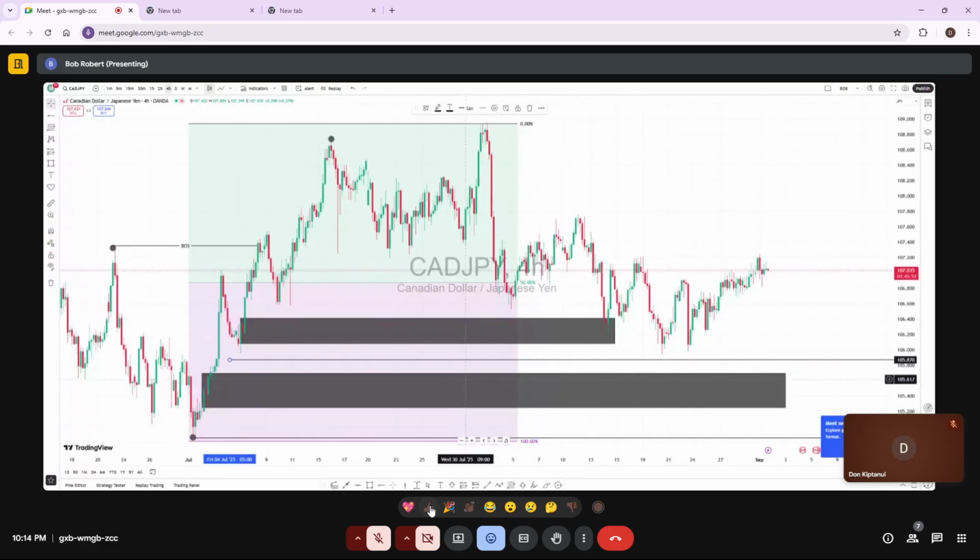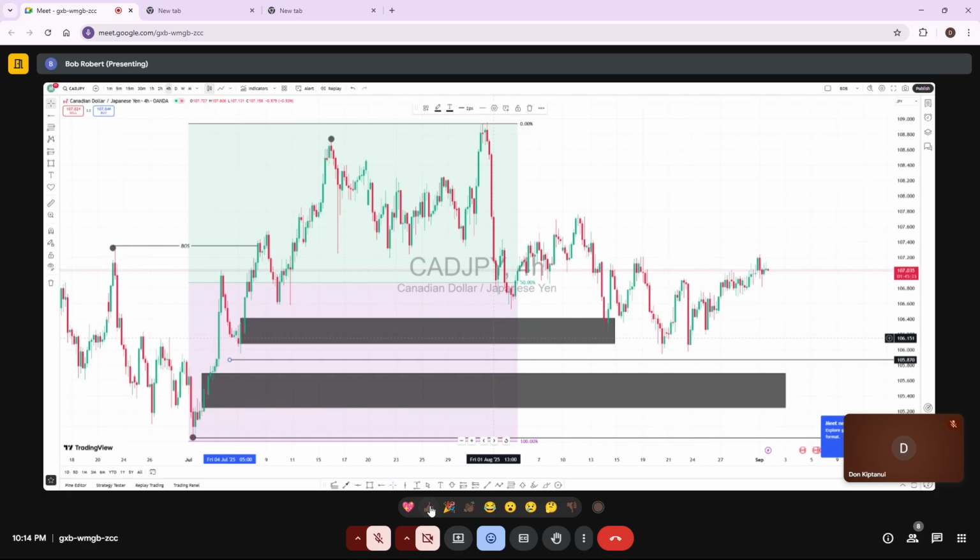And I told you those two zones, one is the decisional point of interest, the other one is the extreme point of interest. Something else that I've said is that most of the time the decisional point of interest tends to hold. By holding, price will respect the zone and go in your favor.